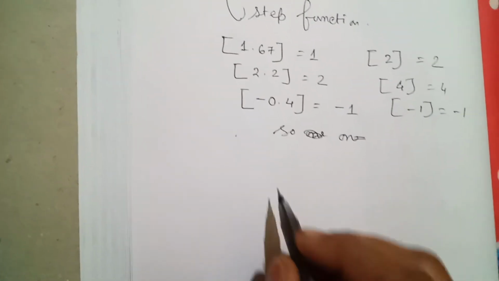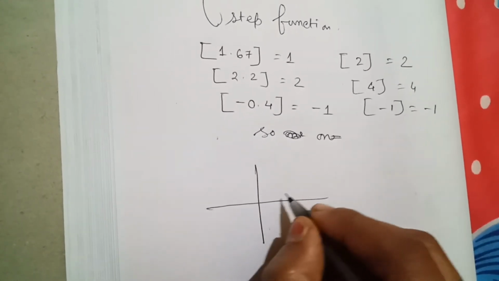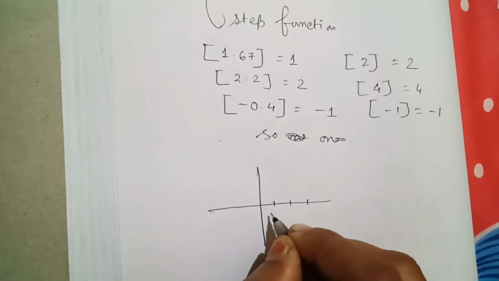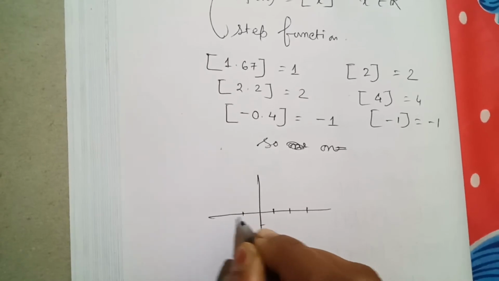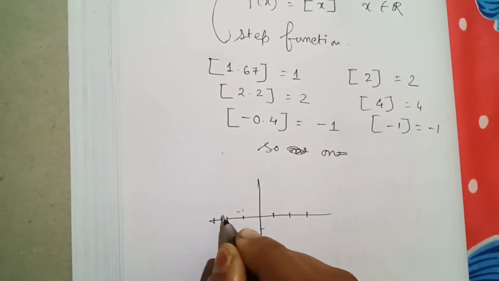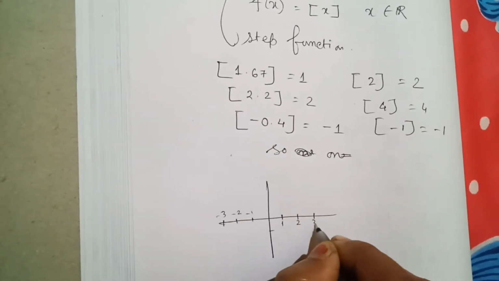Okay, so its graph will be in this way. Suppose it's 1, it's 2, it's 3, like this. On this side obviously -1, -2, -3, and this side 1, 2, 3.